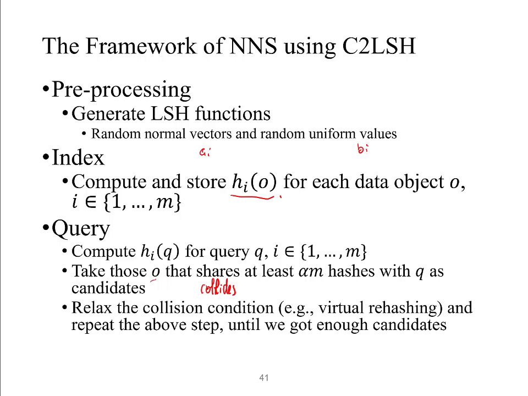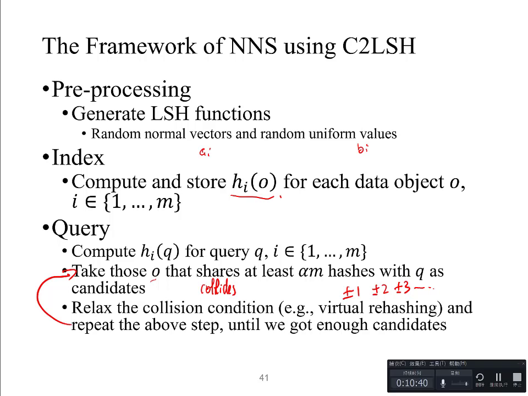This is the idea of virtual rehashing, one step at a time: plus or minus 1, plus or minus 2, plus or minus 3, and so on. Then we repeat the above step until we get enough candidates. So this is the framework of C2 LSH, which is not very difficult to understand, and hopefully I've made everything clear. If you feel confused, please ask.